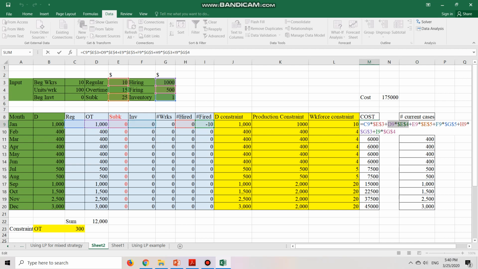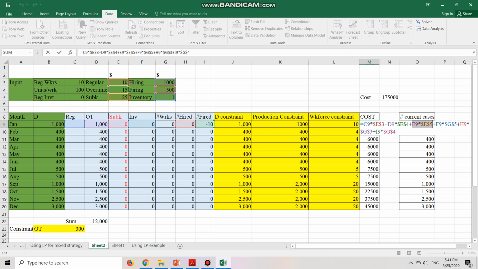That is the total quantity we produce using overtime multiplied by the overtime cost per unit. And the third one is the subcontracting cost. So here E9 is the total quantity produced by subcontracting multiplied by the subcontracting cost per unit.